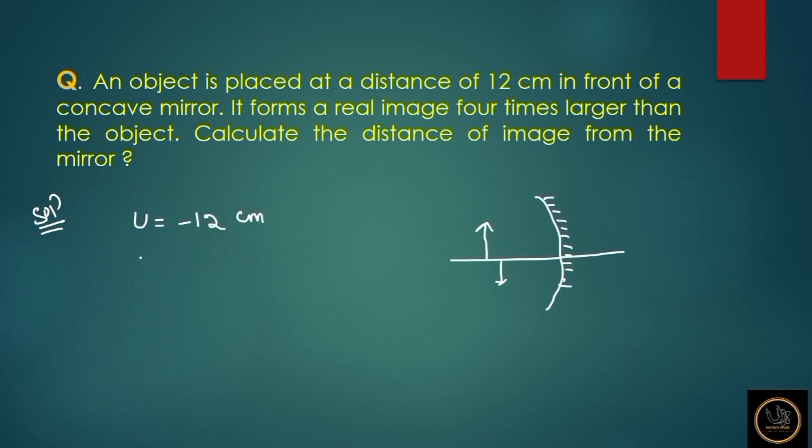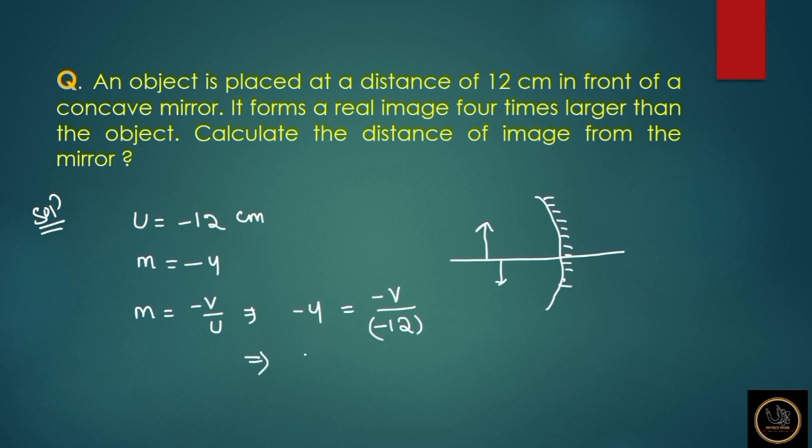Then magnification is given. So M is equal to, what will be the value of magnification? Positive or negative? Because here concave mirror is given, the image formed is inverted. Then M is equal to minus 4. Again put the formula, M is equal to minus V by U, so the value of M is minus 4 is equal to minus V divided by minus 12, because U is equal to minus 12.